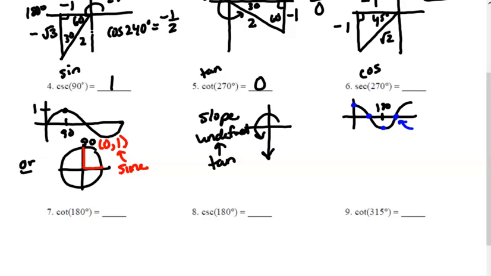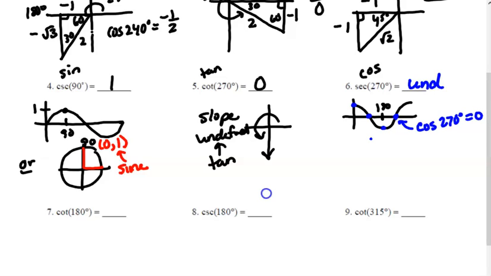So this is cosine of 270 equals 0. But I don't want cosine, I want secant. What's the reciprocal of 0? 1 over 0, which is undefined. So this is a place where secant would have one of its asymptotes because cosine is equal to 0.